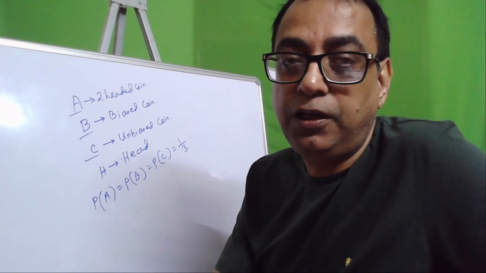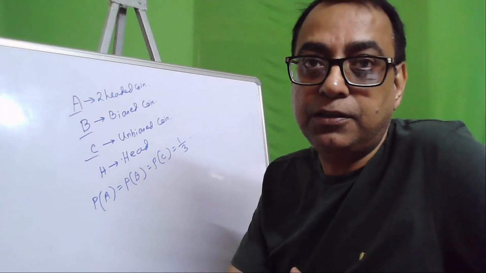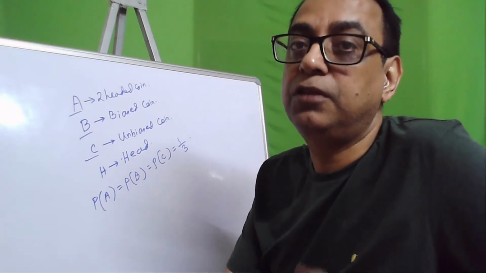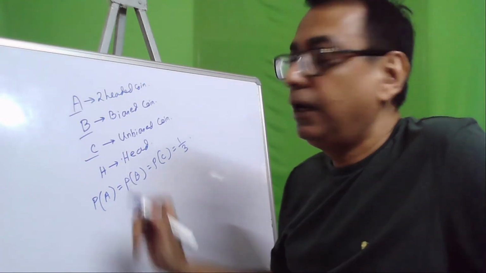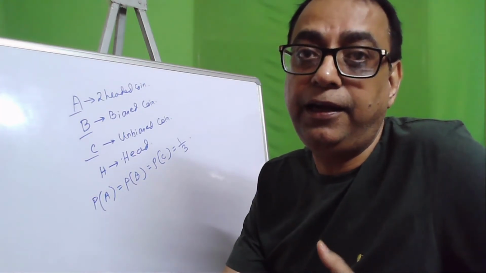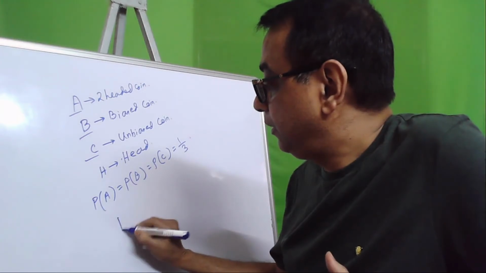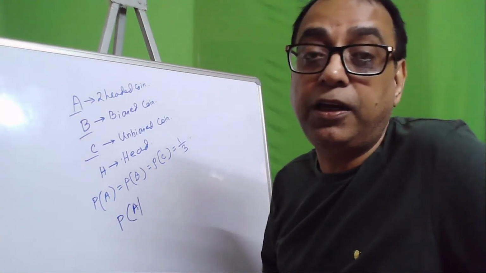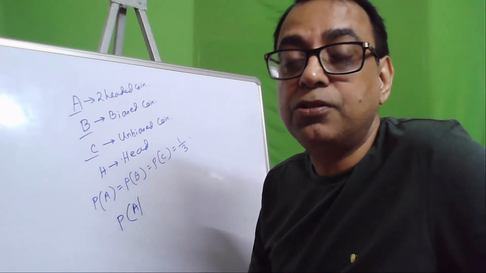These are mutually exhaustive events, these are mutually exclusive events, and the probability of each one of these events is more than 0. So it satisfies all the conditions of the Bayes theorem. And let H denote the event that head appears. So the question being asked is, what is P(A given H), that means the coin is two-headed given that the toss came up as head.